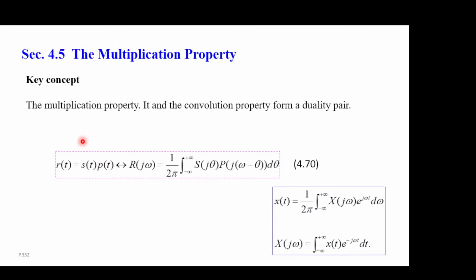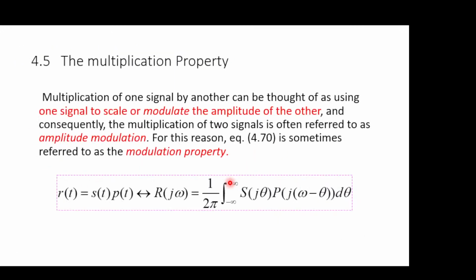Besides being the inverse of the convolution property, you can also have a bit more of an interpretation of it, because multiplying a signal by another signal is something we actually do in electrical engineering. This is something we do with radio signals.